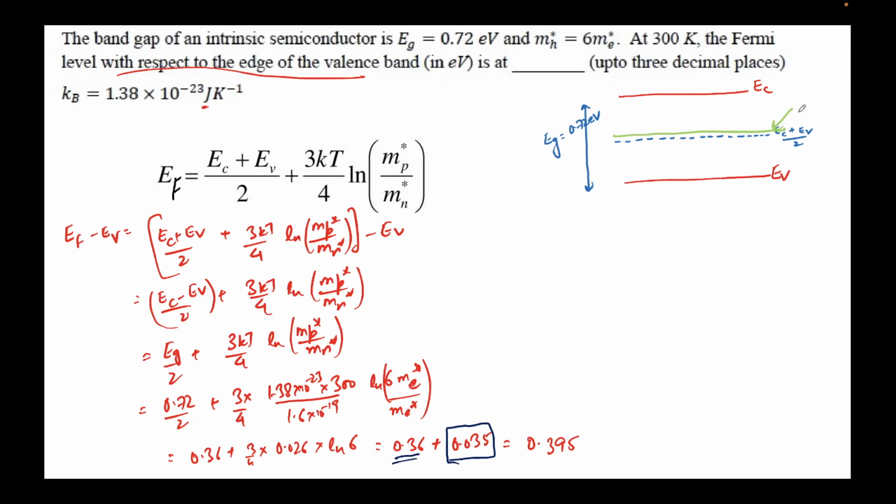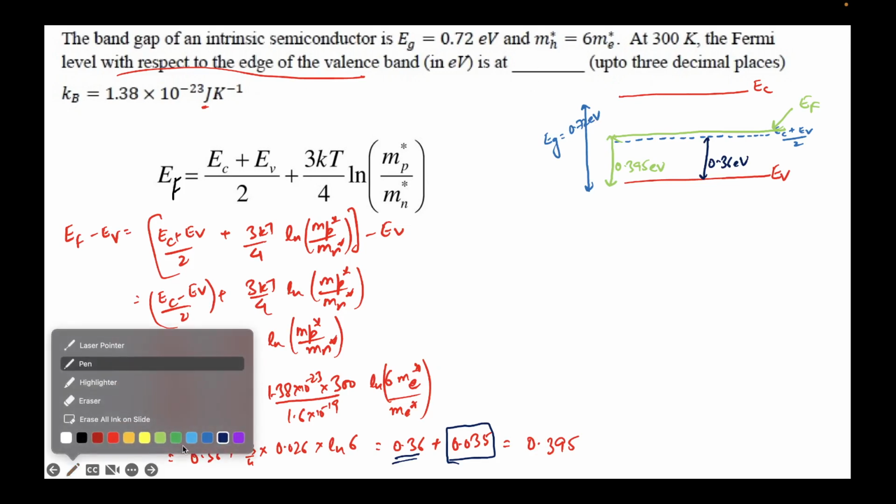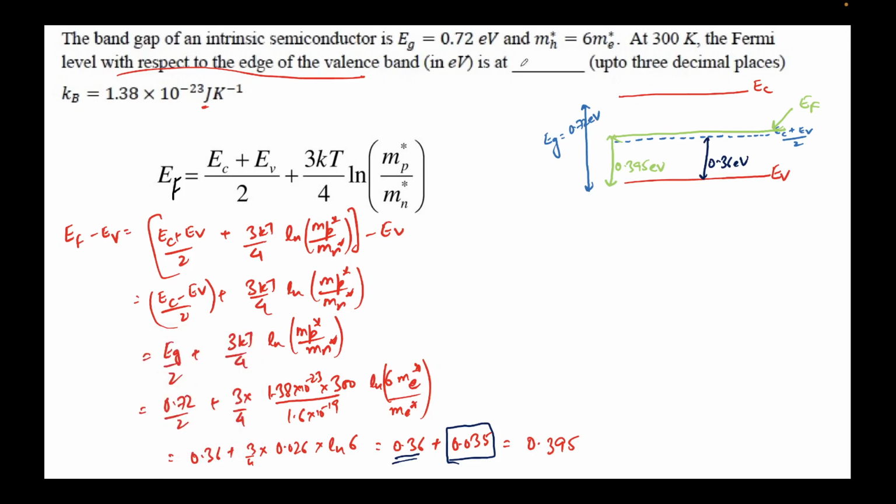This green line is EF, and the value of EF from EV we just calculated is 0.395 eV. And this mid band gap which we have already drawn is 0.36 eV, because this is halfway of 0.72. So we have got our answer, which is simply 0.395. The units are already eV.